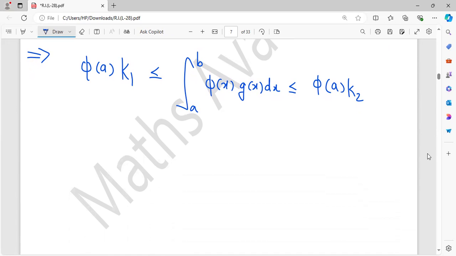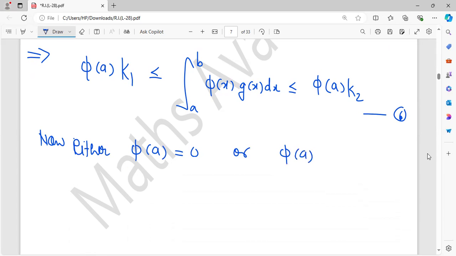Now let's call this equation number 6. Either phi(a) is equal to 0 or phi(a) is positive, because the function is non-negative.